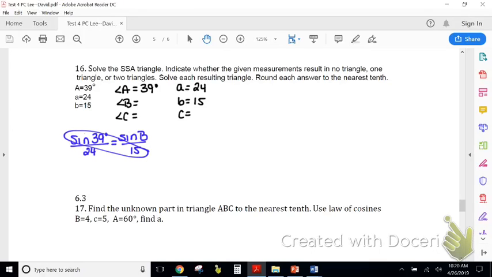So again, we're going to cross multiply and divide. So we find that sine of angle B is equal to 15 sine of 39 degrees over 24. But remember, we're after angle B, so what do we have to do to find angle B? Yeah, we're going to take the inverse sine of that.